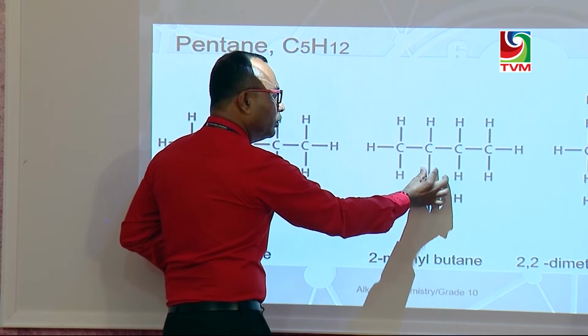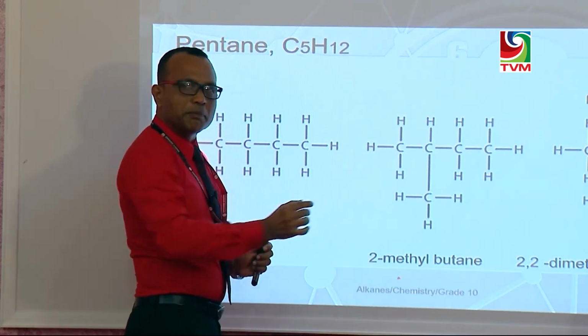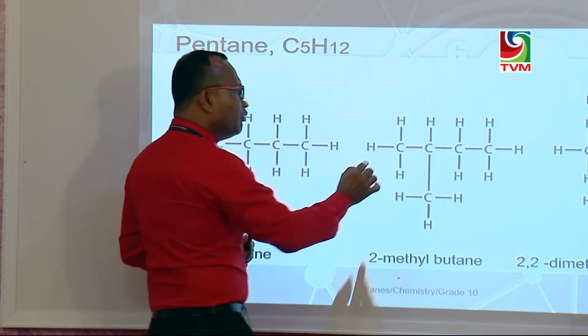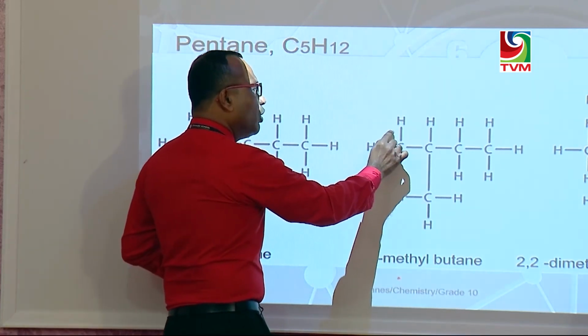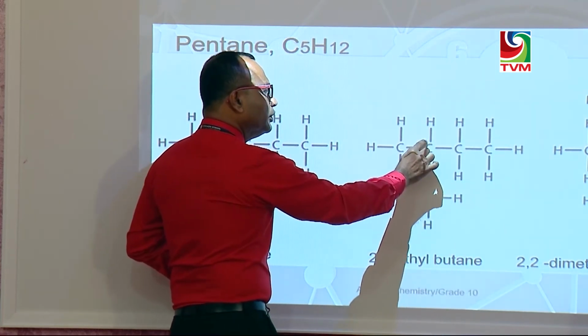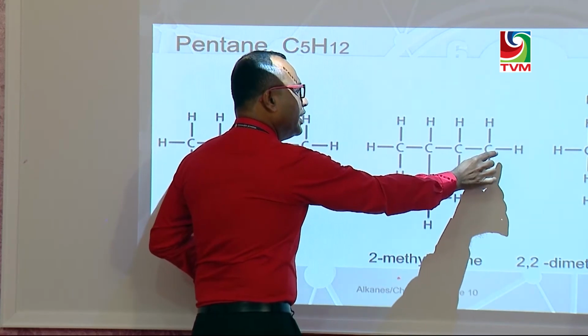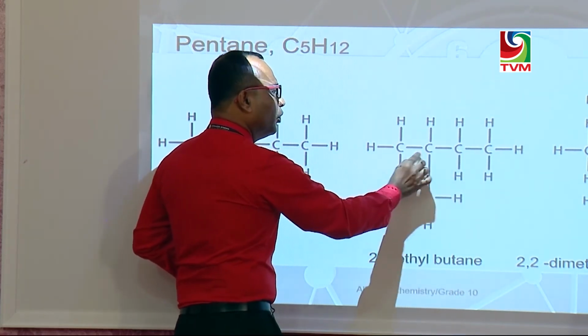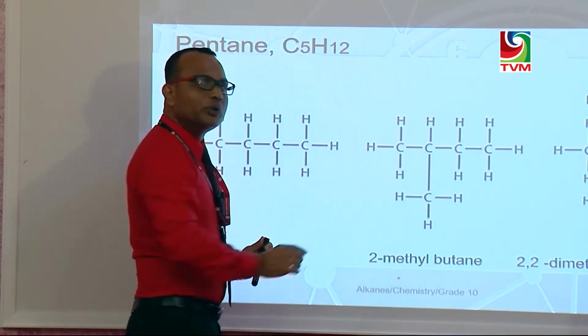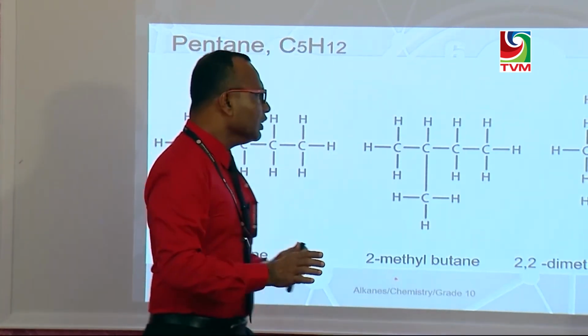Carbon which is holding the branch will get 3. If I will repeat it again. If I start from this end, 1, 2, 3, 4. We gave number 2 to the branch carbon. If I start from this end, 1, 2, 3, 4. We give number 3. 2 and 3, which number is the lower number? Number 2.